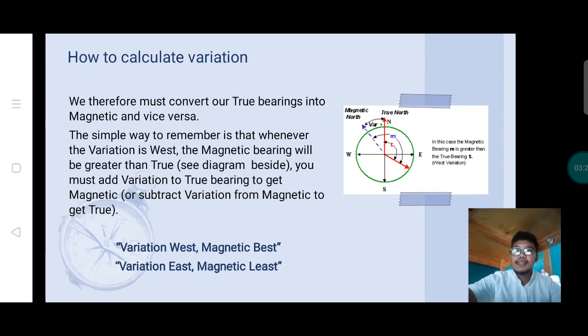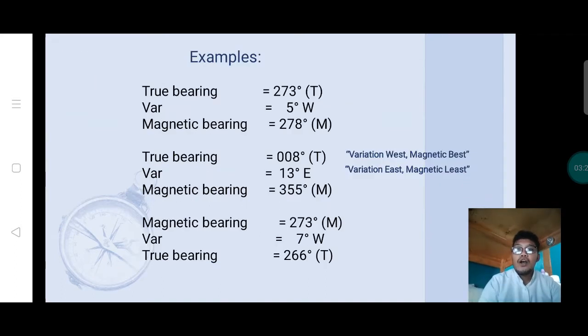So next, let me give you an example on how to solve the variation. You're given a true bearing of 273 degrees true and a variation of 5 degrees west. When the variation is west, we add the variation to the true bearing.